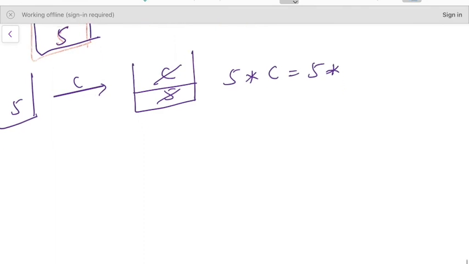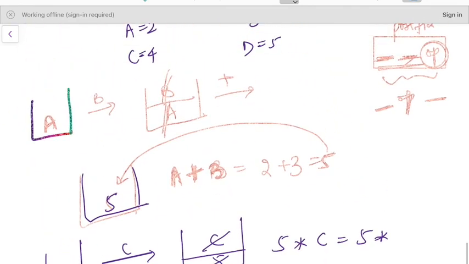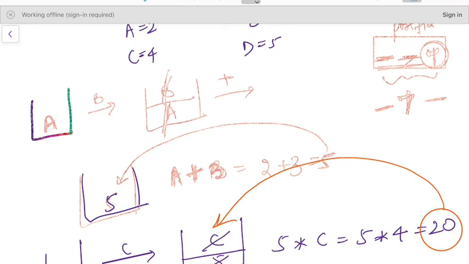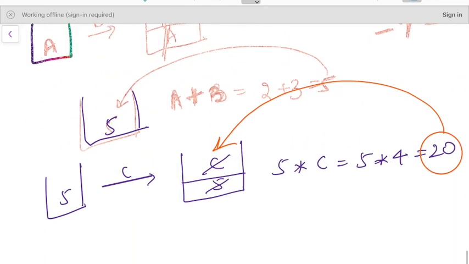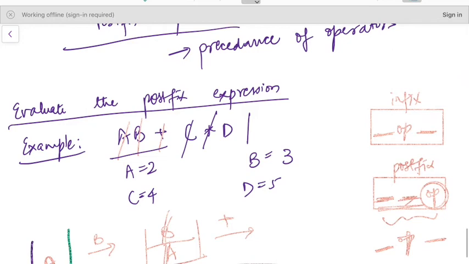What's C? 4. So 4 times 5 equals 20, right? And then this 20 is moved back to the stack. So the current situation is like this. Am I making sense? So we are done till here.